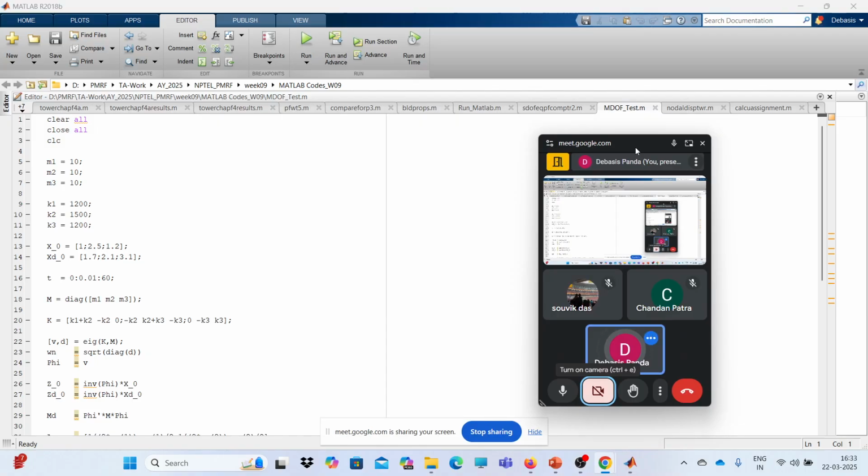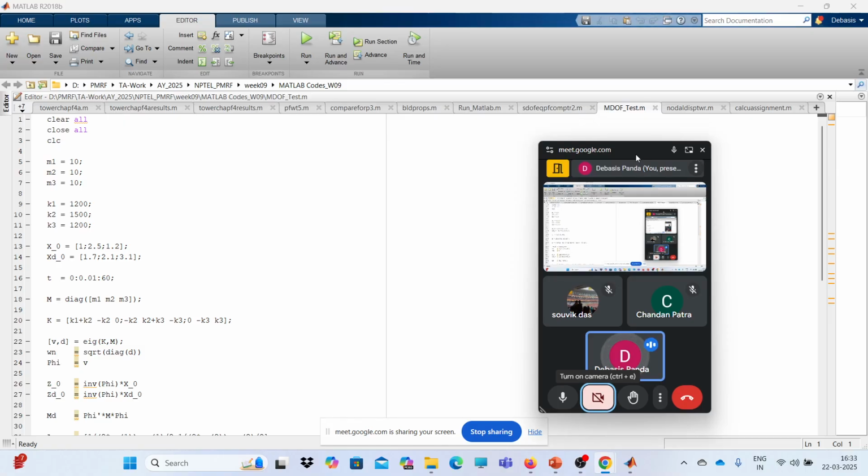Okay, is this MATLAB screen visible? You can see the MATLAB screen, right?